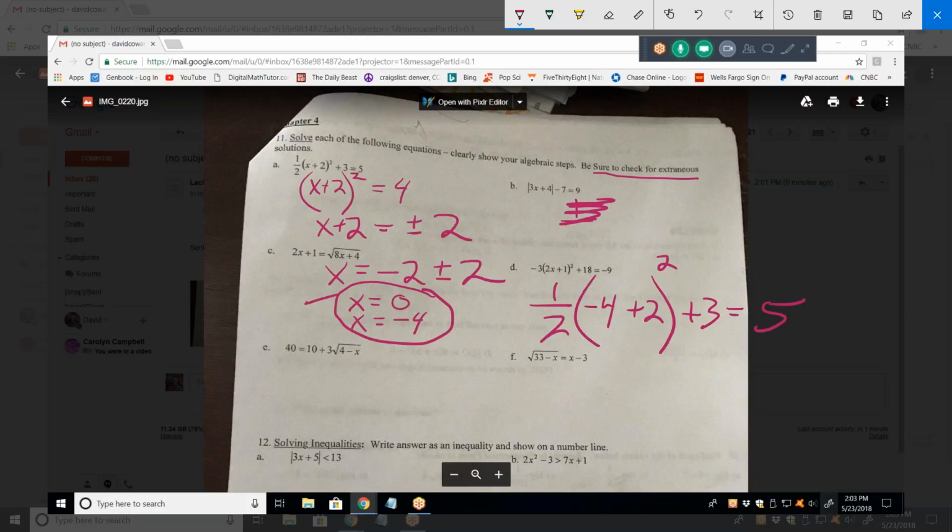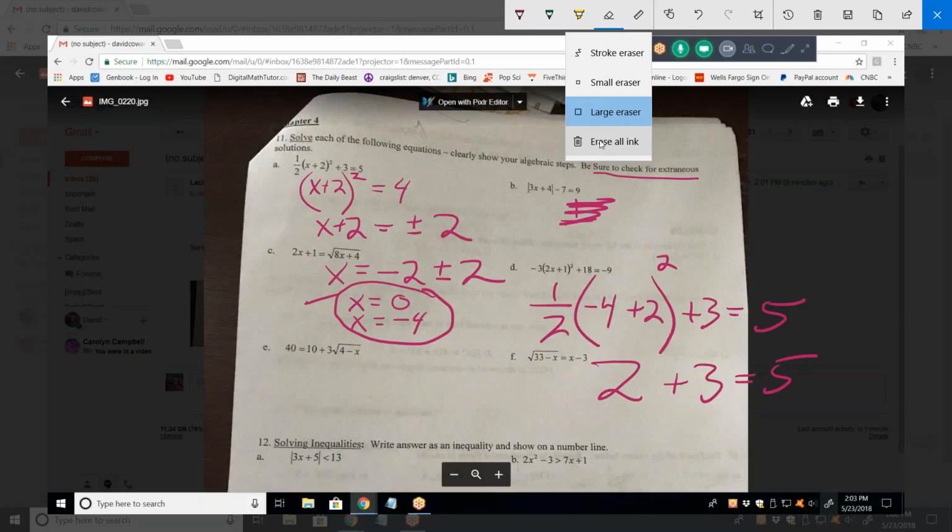Well, this in the middle is minus 2 squared is plus 4. 1/2 times plus 4 is 2. 2 plus 3 is 5. So yes, it does. Both solutions work. But I'm betting that in most of the rest of these problems on this page, one of the solutions does not work. So you need to get good at plugging them in to check them.